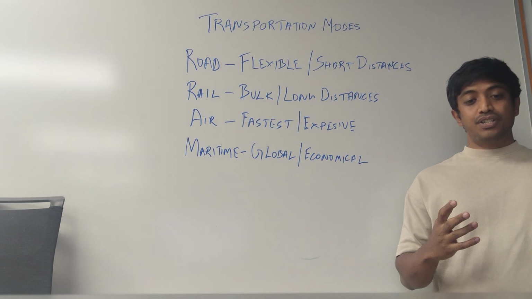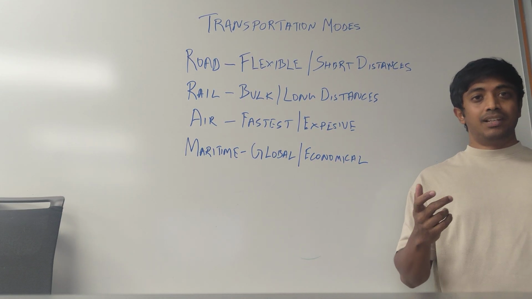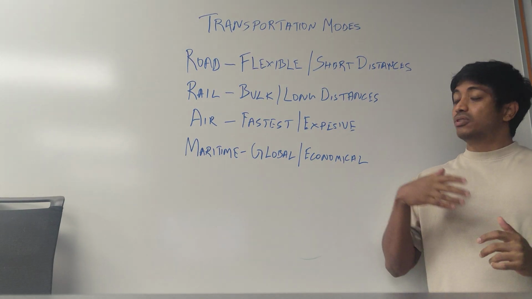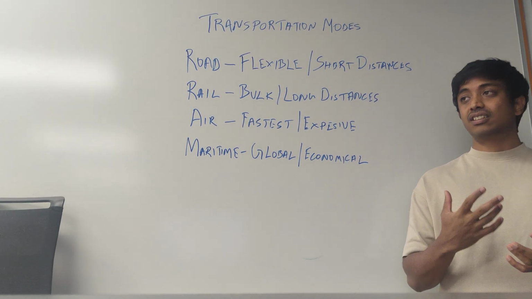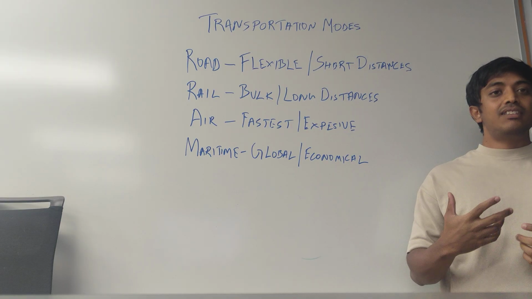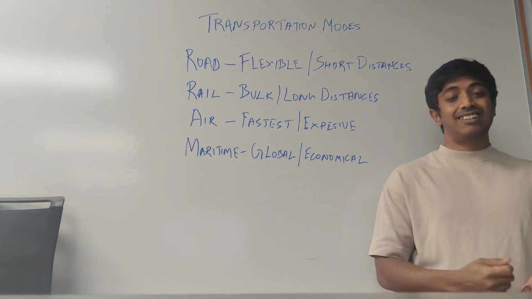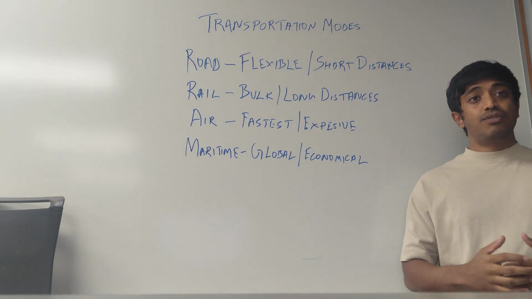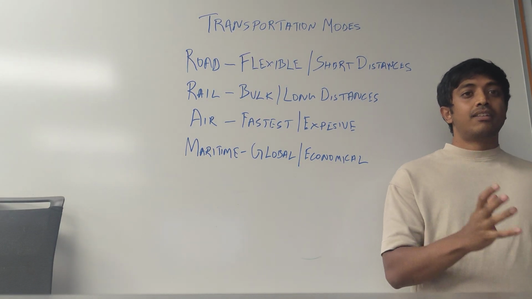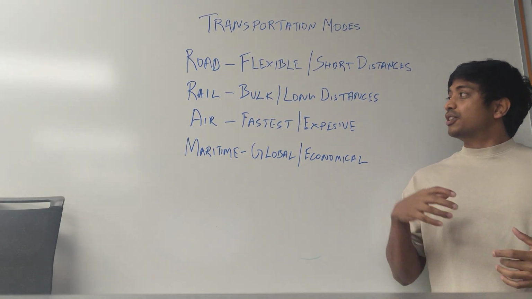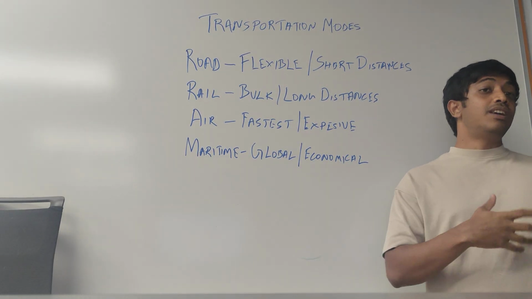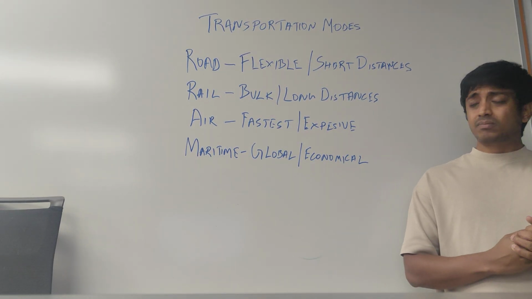So finally, each mode of transportation has its own advantages and disadvantages, like trade-offs. Road transportation is flexible, but it has a little bit higher cost and some risk. Rail is best for bulky cargo, but it is limited because it doesn't have flexibility. You cannot send a cargo to any city out there.